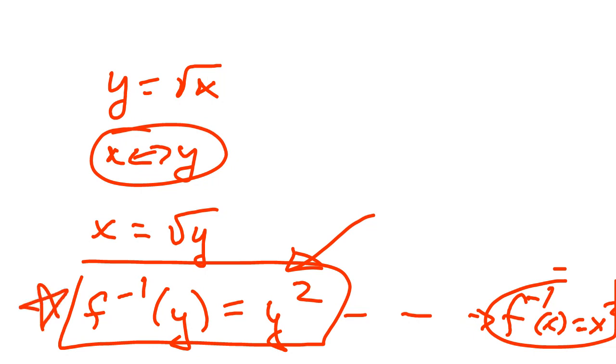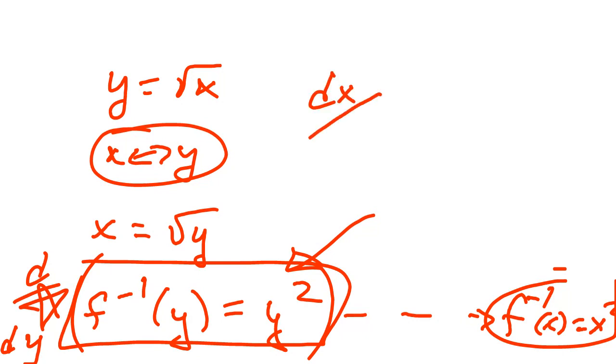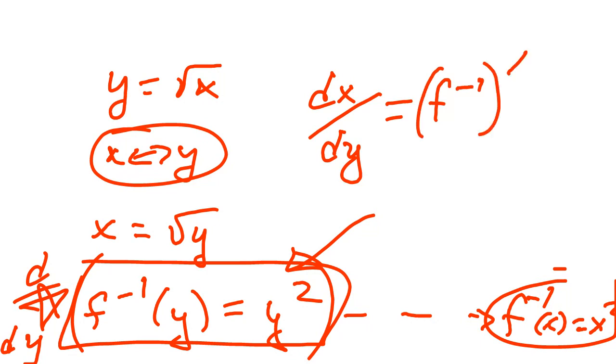So anyway, what is the derivative of this with respect to y? It is 2y, right? So dx dy, which is the same as f inverse prime in this case of y, is 2y, right? And then what did we get? That's not what we got.